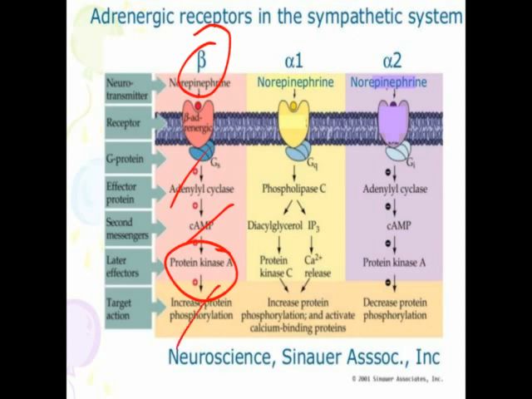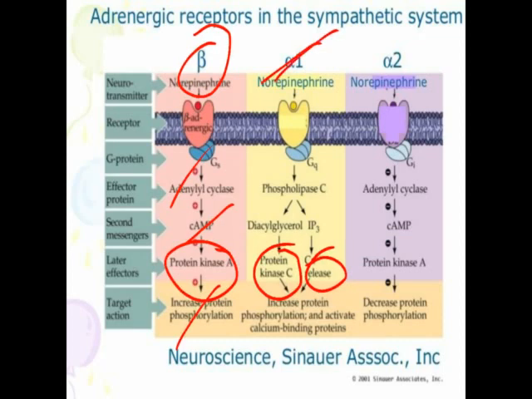Protein kinase causes phosphorylation, and ultimately it will result in the activation of calcium binding proteins, and it will cause the contraction. Similarly, the alpha 1 receptor is also responsible to release protein kinase and calcium. So the kinase is responsible for the phosphorylation. Along with the calcium, they are responsible for the contraction of smooth muscle.